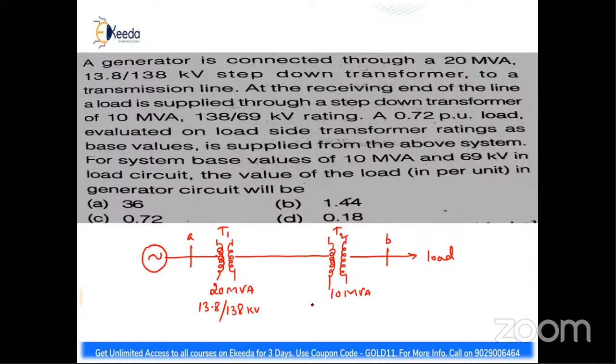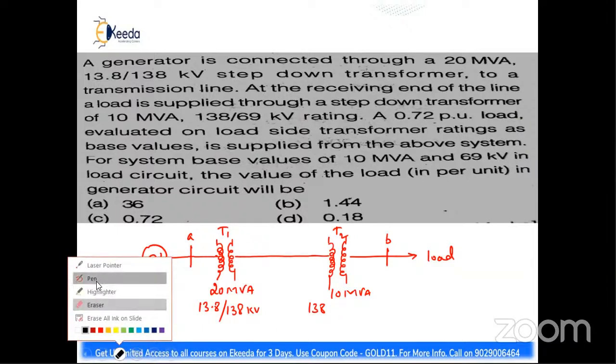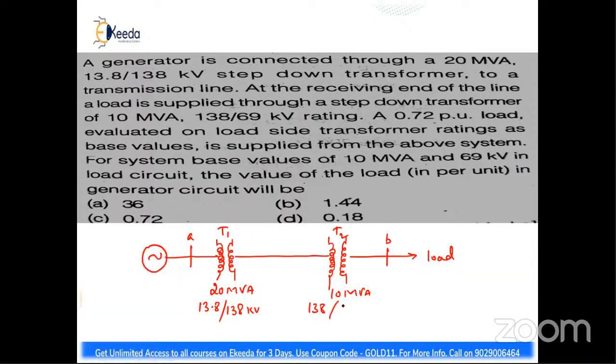What are the ratings here? 138 by 69 kV. So this is the transmission line.